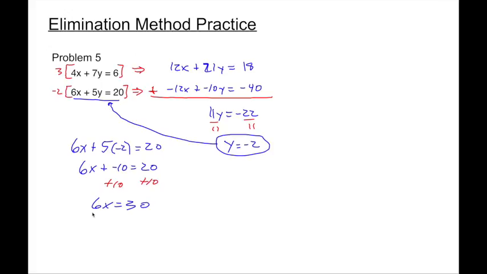And to get x by itself, I divide both sides by 6. And I get x equals 5. Together, I now have my solution. The ordered pair 5, negative 2.